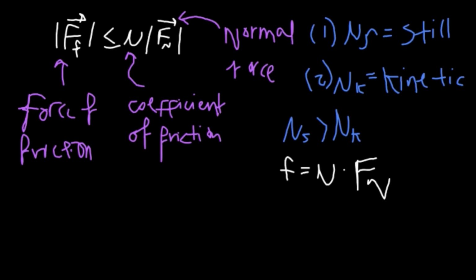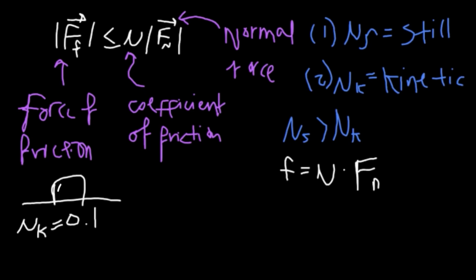So for a quick example problem, let's say we have a block on a surface. We'll just say it's in motion, and because it's in motion, it's going to be a coefficient of kinetic friction. We'll say that equals 0.1. And coefficients here, they don't have any units.